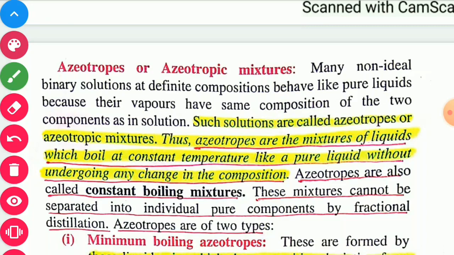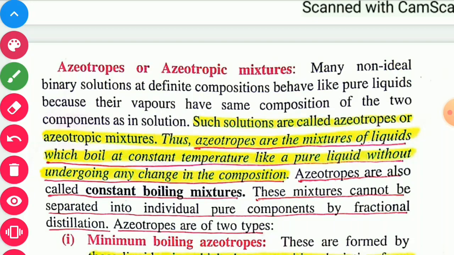So we may define azeotrope as a mixture of liquids which boils at constant temperature like a pure liquid without undergoing any change in the composition. Azeotropes are also called constant boiling mixtures. These mixtures cannot be separated into individual pure components by fractional distillation, because each component has the same boiling point, so it is not possible to separate them by fractional distillation.